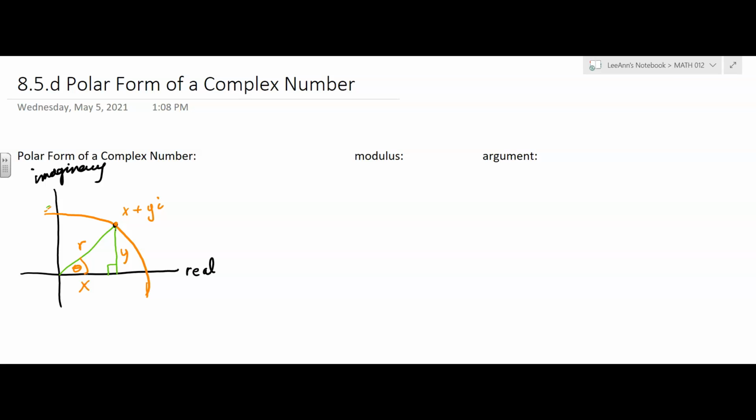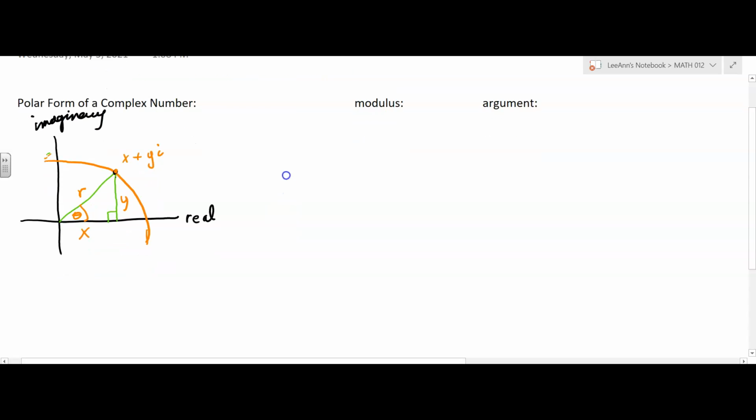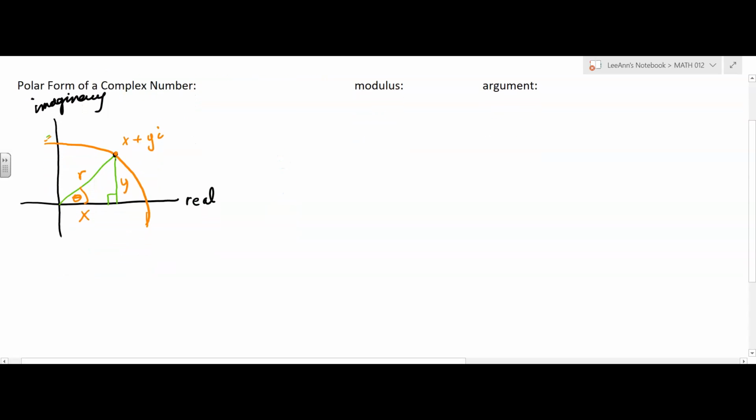Then we can go back to some of the things we've done in the past, such as we said x is equal to r cosine theta, and we said y is equal to r sine theta. And we also said r is equal to the square root of x squared plus y squared. So all that came from when we were working with polar form in the past.